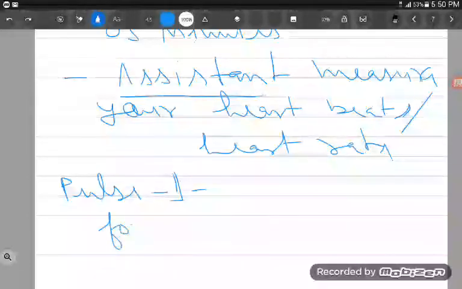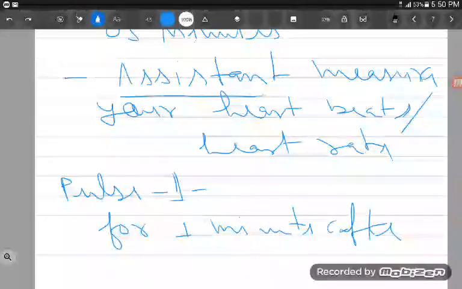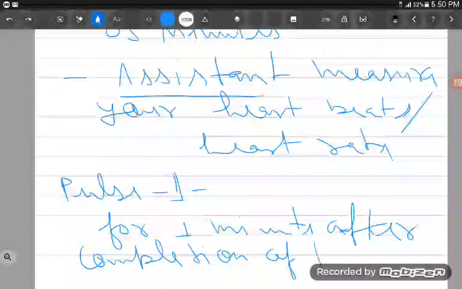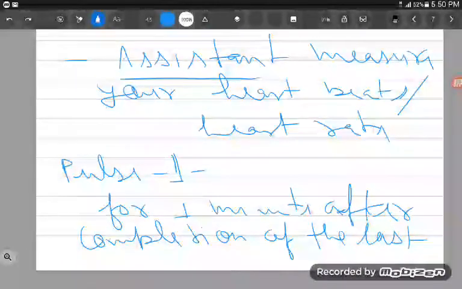For 1 minute after completion of the last stepping.